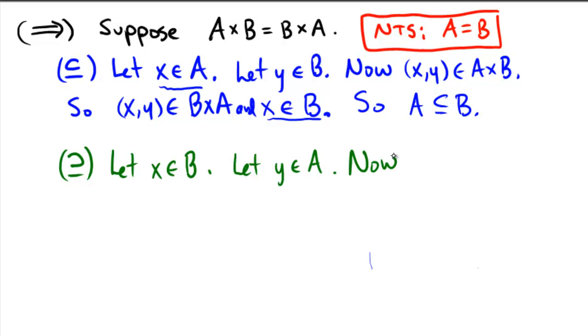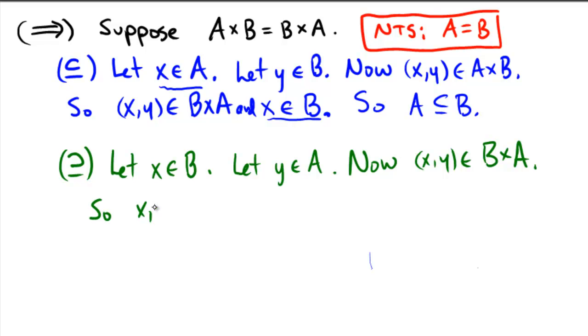Now, because of the way that I chose these, I have that X comma Y happens to be an element of B cross A, because I chose something from B and something that was in A. But by our assumption, B cross A and A cross B are the same thing.